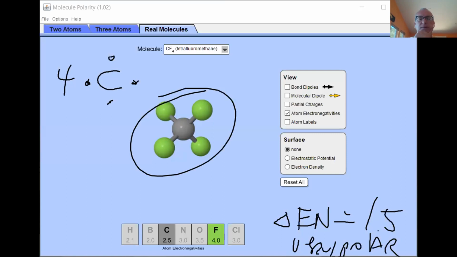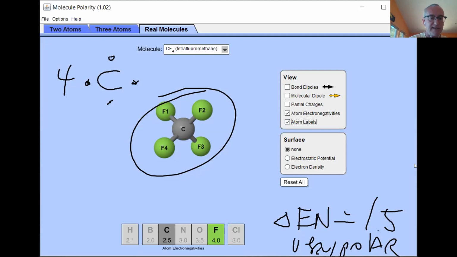I mean, no. Well, isn't it going to be symmetric? Yes, it is going to be symmetric. Exactly. There's no lone pair. And so these 4 fluorine atoms, here are our fluorine atoms, are going to situate themselves as far away from each other as they possibly can, because those shared electrons, remember, are negative.